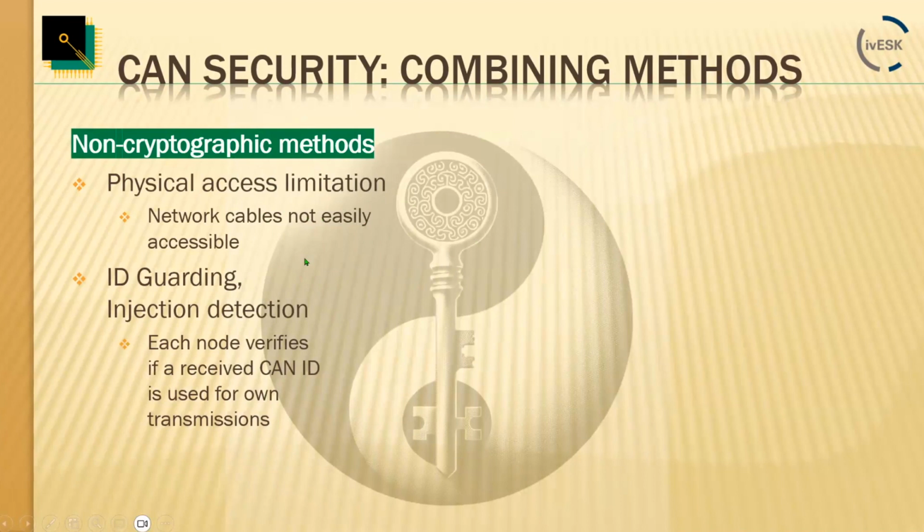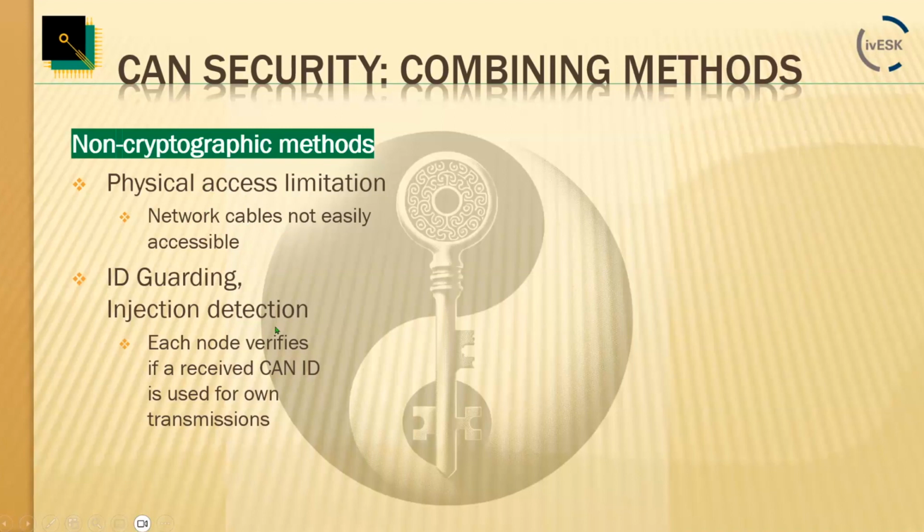And the non-cryptographic methods are as simple as maybe having physical access limitation. If your CAN network is deeply embedded in a computer tomograph, which is a big machinery standing somewhere in a hospital with very strictly limited access, and all the CAN wiring is deep inside the machine and cannot easily be opened, well, then you could probably discuss how much additional cryptographic method you require.